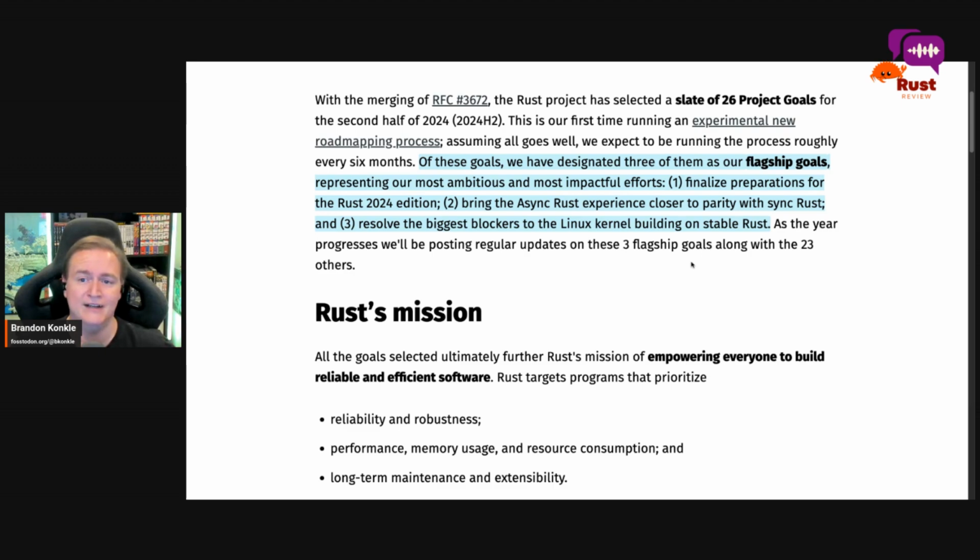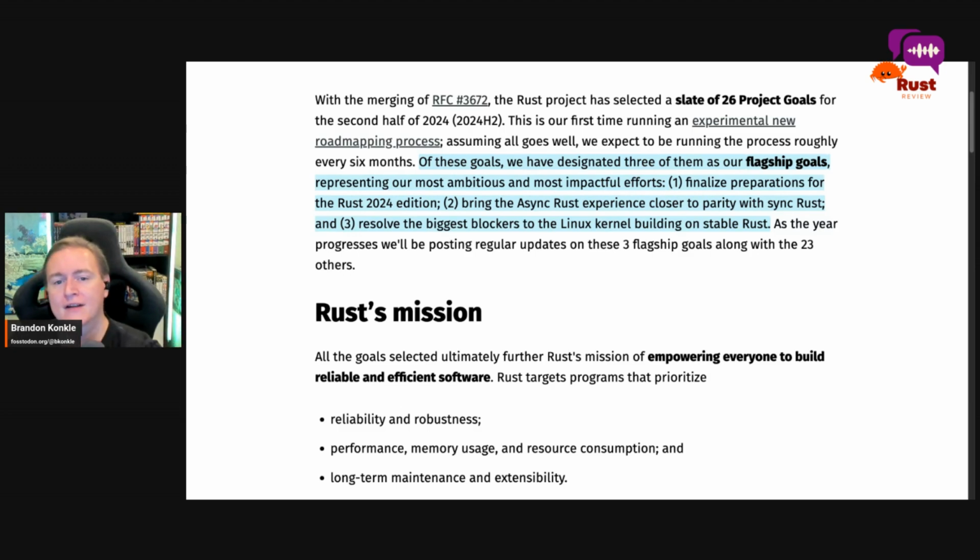This is a big one, I think, especially as Rust begins to gain more adoption and saturation in web-based or API-based networking kind of contexts. The async is going to be more and more important. So bringing that experience in line with the quality of the synchronous Rust ecosystem is one of their big priorities.